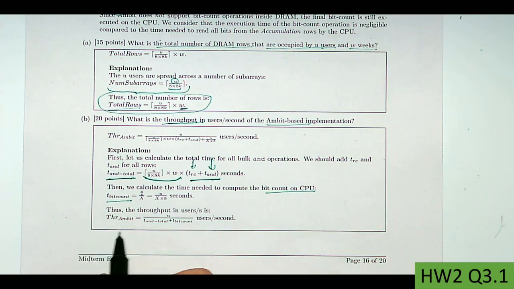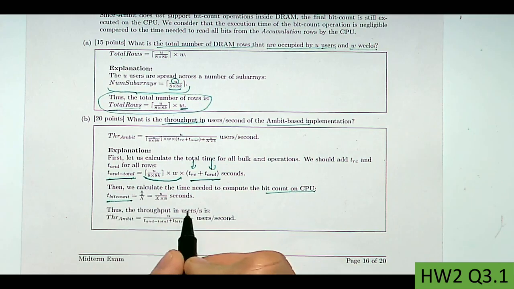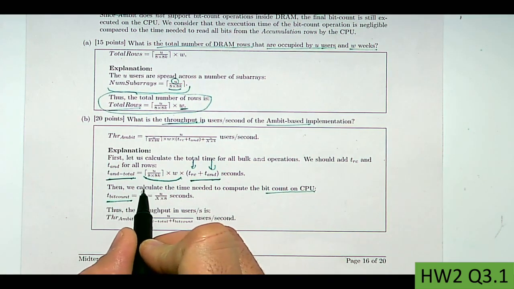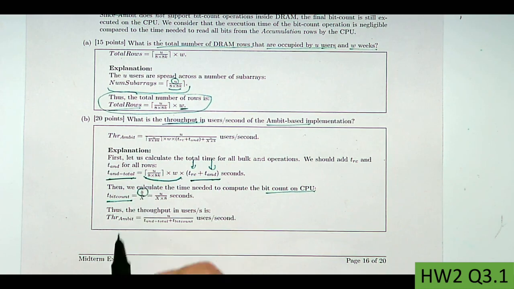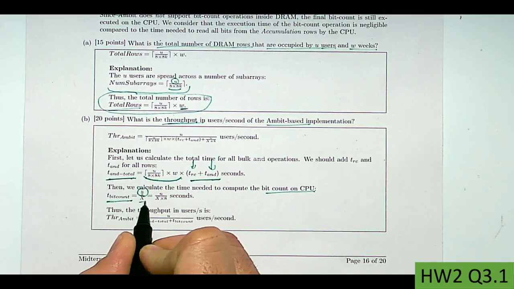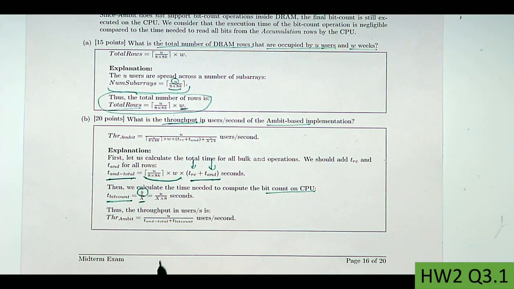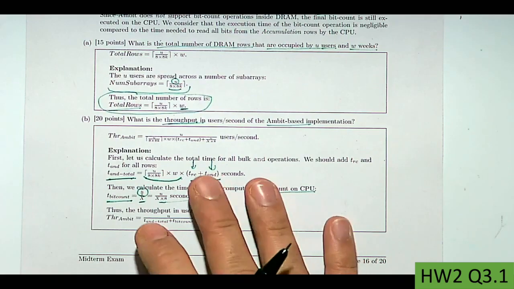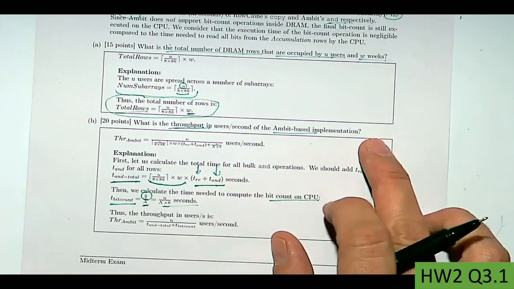Finally, for the bit count, the only thing that we need to do is move the bits corresponding to the U users at a certain rate, and this rate is the bandwidth, which is X. So this gives us this amount of seconds. That was for the Ambit-based implementation.